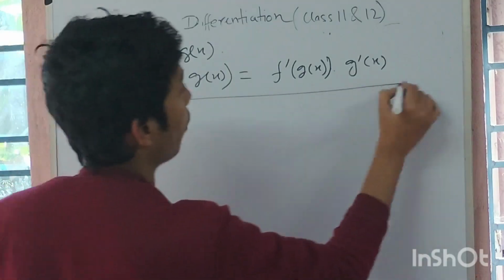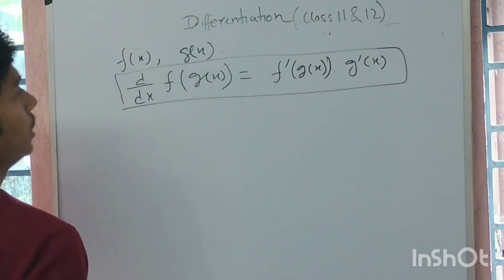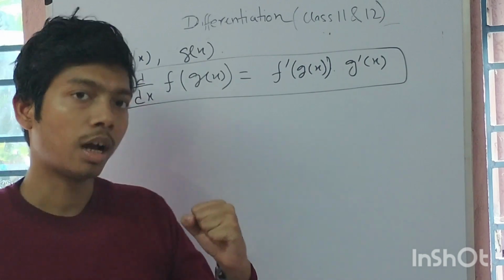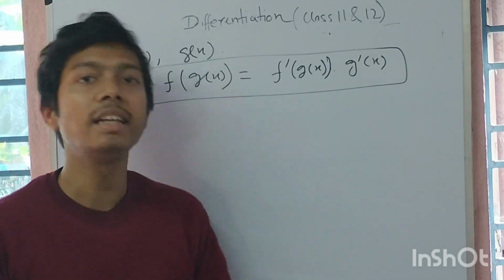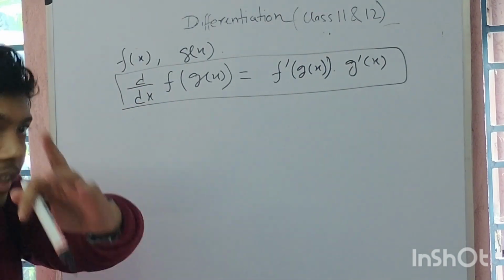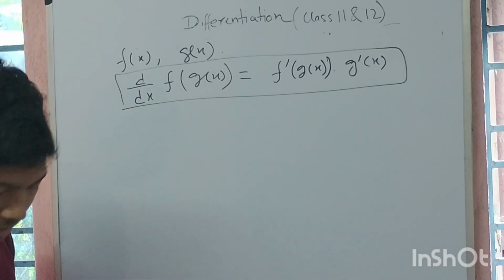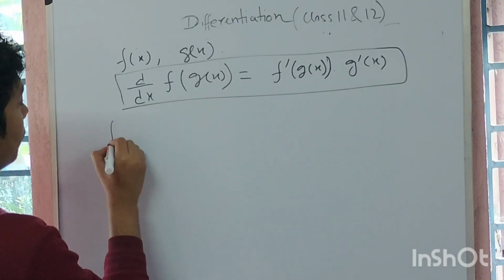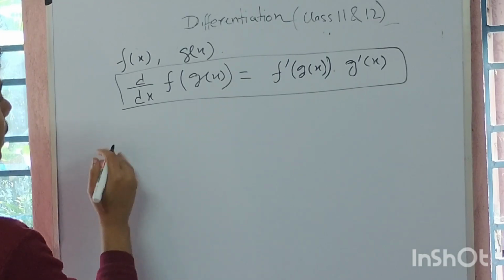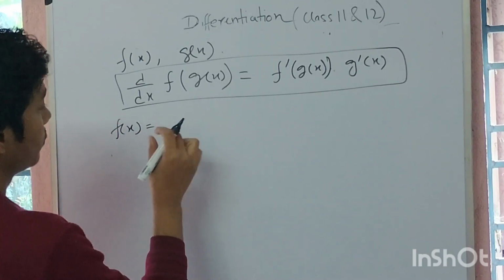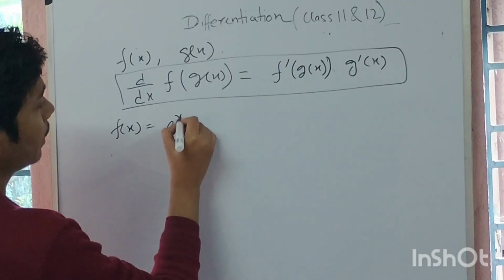This is a very formulaic and explicit thing. You might not understand from this one, but from what I am going to tell now, you can easily understand this. I am taking an example. If your function is given by f(x) equals e to the power x square.